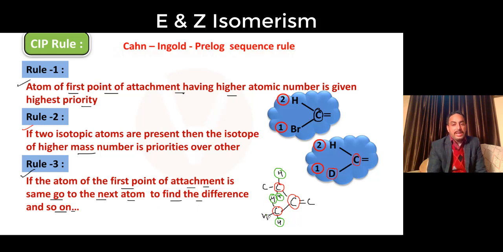But now the next atom attached here is hydrogen, and here it is carbon. So the atomic number of carbon is more, so it will be more preferred. In this case, the preference given to this carbon atom is 1 and to this carbon atom is 2.